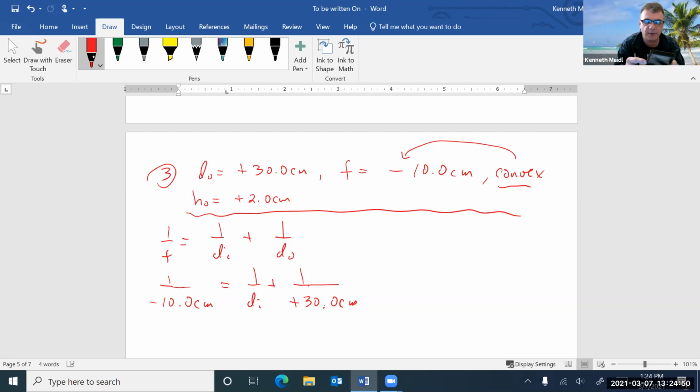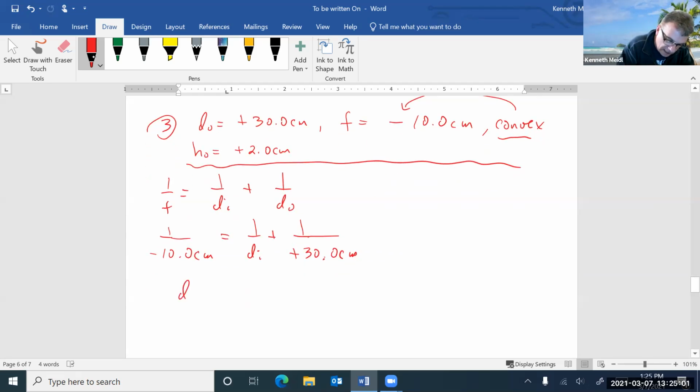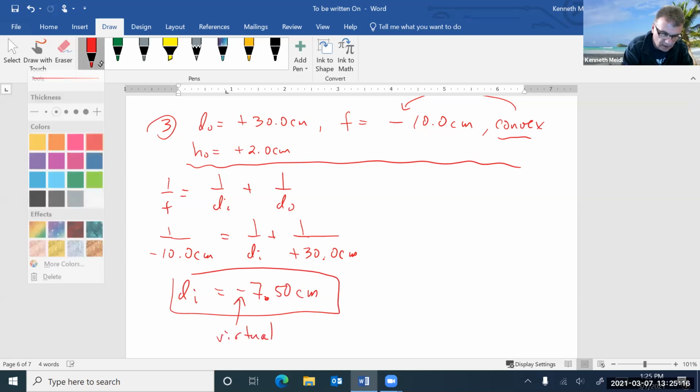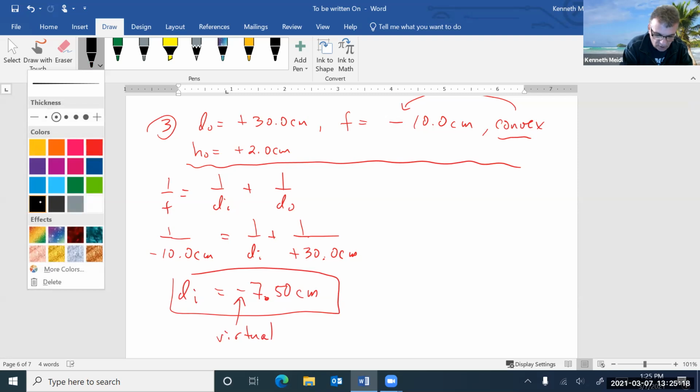So, okay, so minus 10, the minus sign, minus 30 equals. And I think I'm getting here that DI in this case is minus 7.50 centimeters. Okay, and so it's virtual. And with a convex mirror, that is just always the case. There's no other way that this could really come out.